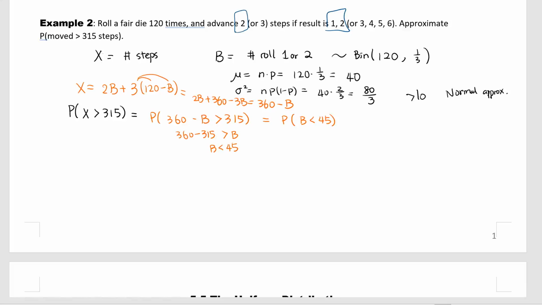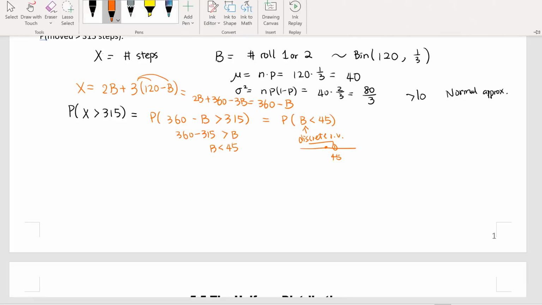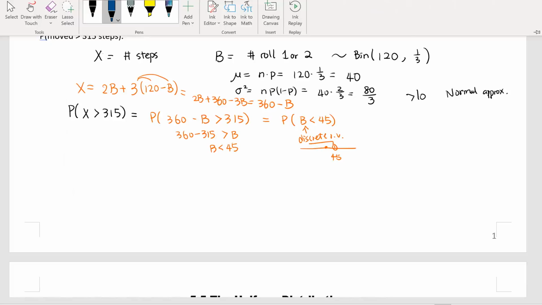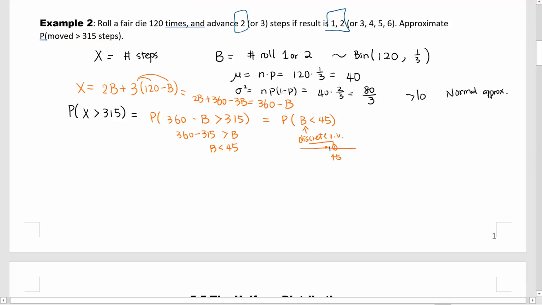B is a discrete random variable. 45 is here, and we want less than that. When you use a normal random variable to approximate it, you don't want to count the 45, so you use 44.5.